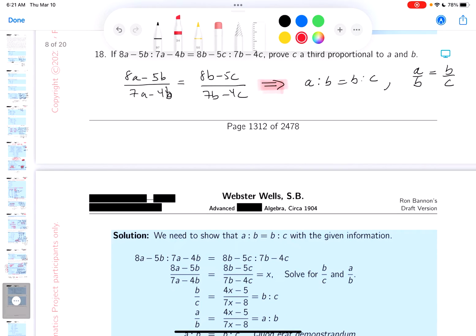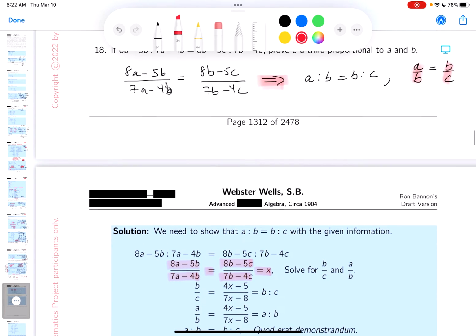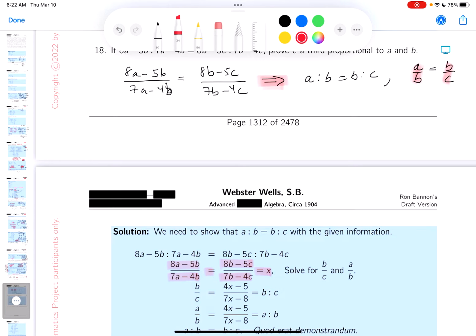So what I did was I wrote it down. I wrote down the (8a minus 5b) over (7a minus 4b) is identical to this, all right? I assigned it the letter x. And then what I try to do is I try to get these things in the problem, right? And that could be difficult. I'm not saying it's going to be easy, but let me write this over here, and I'll do one at a time for you.